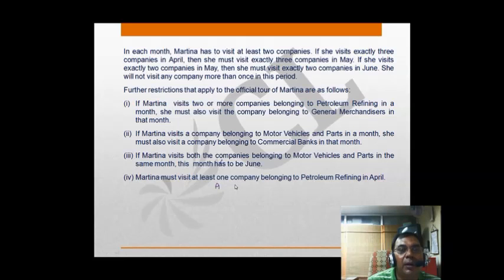April, May, June. If she visited exactly 3 companies in May, then 3, 3, 2. That means 2, 2, 4.